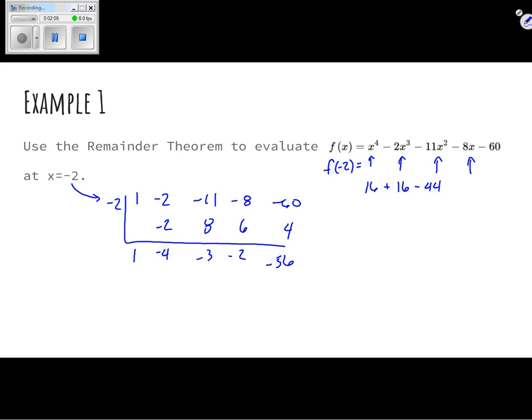And then a positive 16. And if I was to fill all these out, those give me 48. 48 minus 44, 4. Now, if I add all these together, it gives me the same -56 that is in this remainder down here. And that is my remainder theorem.